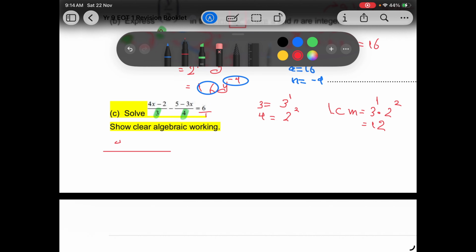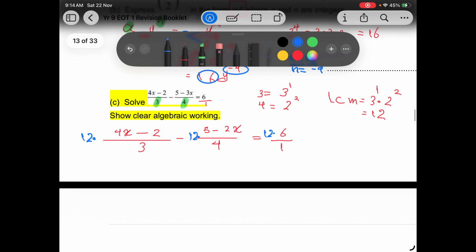It will be (4x minus 2) divided by 3, minus (5 minus 2x) over 4, equals 6 over 1. And I will now multiply each term by the least common multiple, 12: times 12 here, and times 12 here as well.